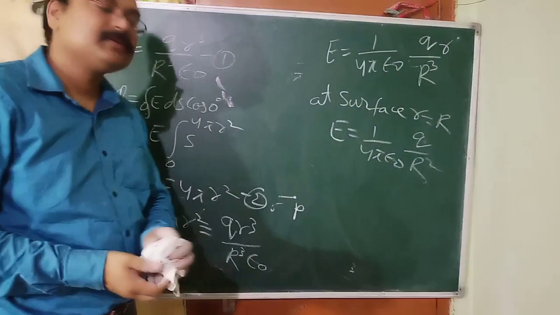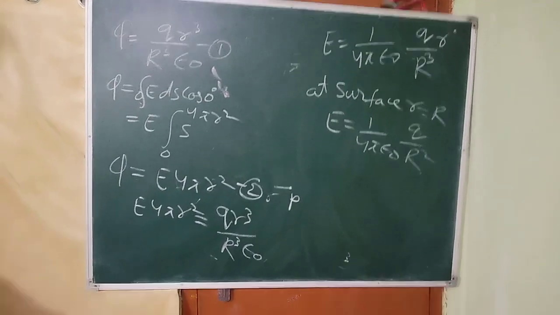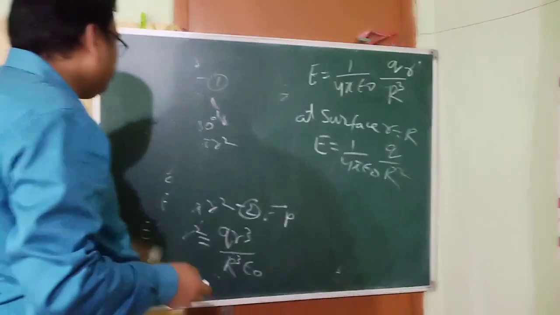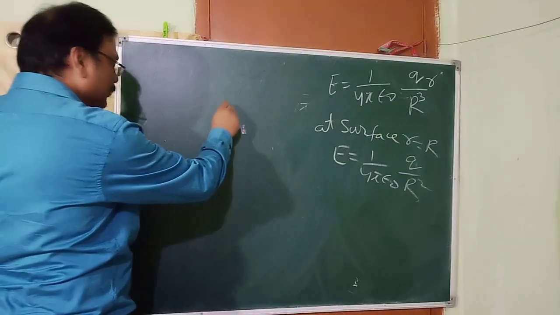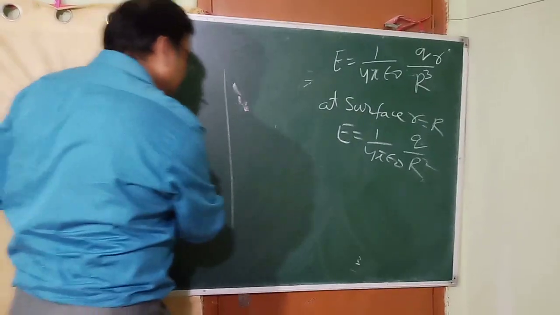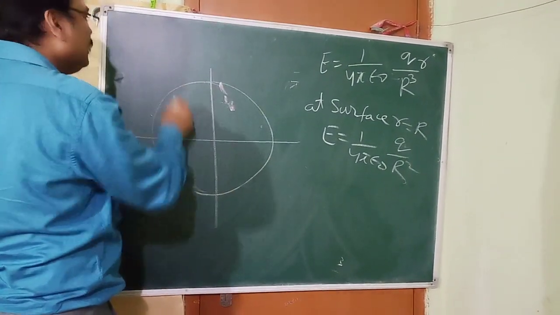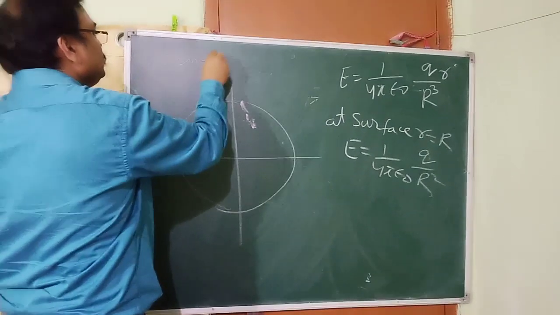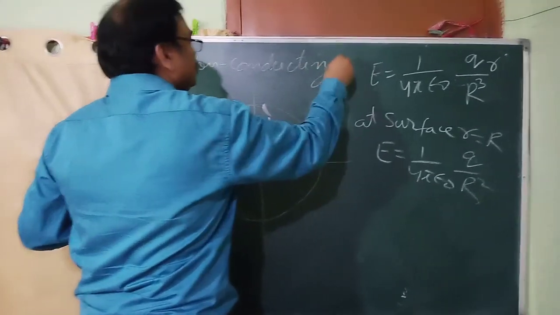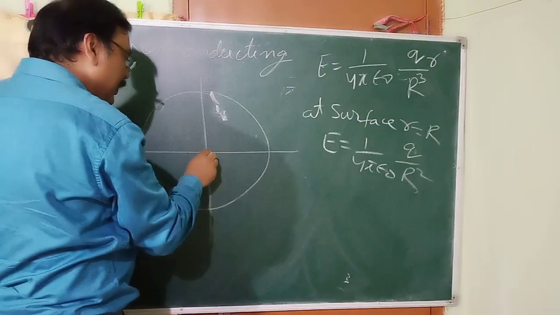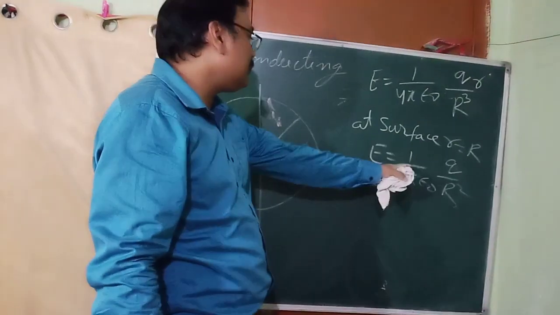So that means if you want to draw the graph for this, for the non-conducting sphere, what will you get? Here the electric field is increasing and it attains the maximum value at the surface.